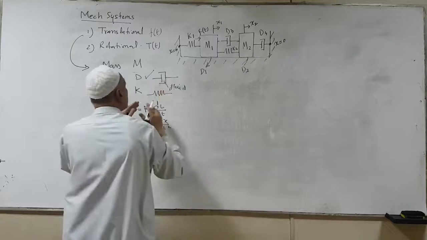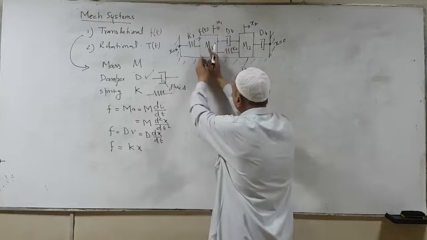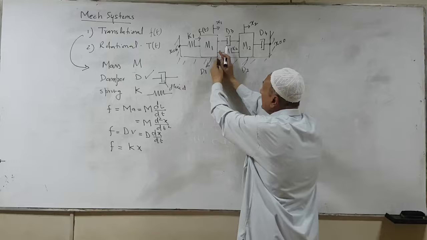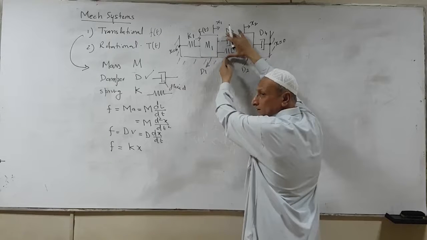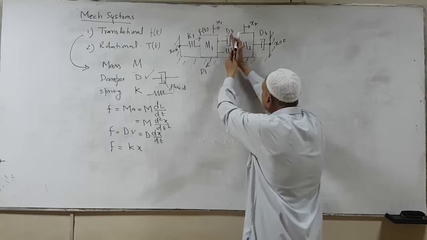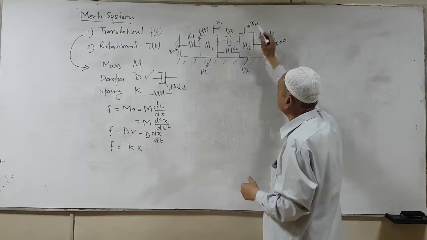So in any case, we can say that when a force is applied on mass M1, it moves this to displacement x1, and then some of the force which is transmitted is lost or stored, and the rest is directed onto M2 to produce a displacement x2.